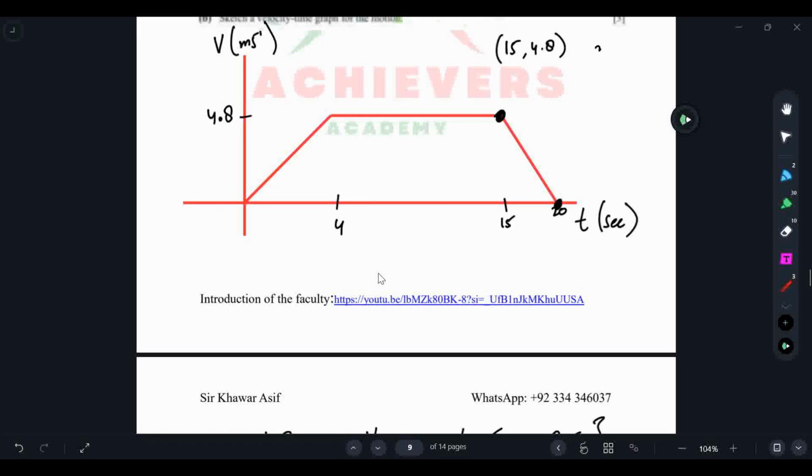How can we find out the gradient? So gradient will be y2 minus y1, 4.8 minus 0, divided by x2 minus x1, so 20 minus 15.